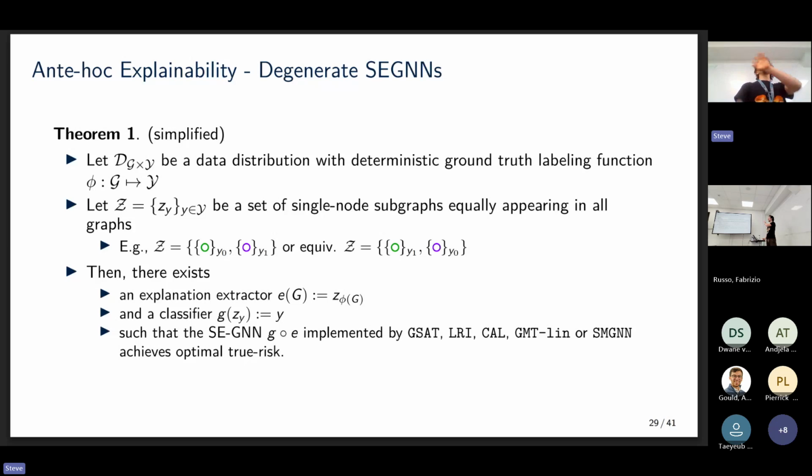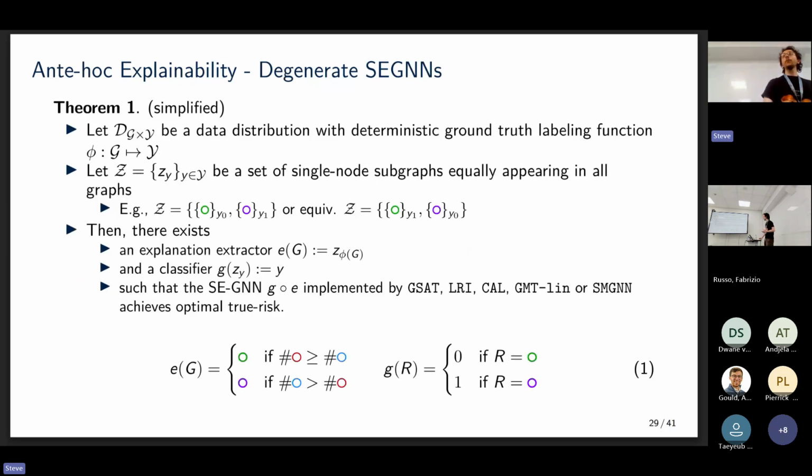The idea is that if you pick a certain data distribution with a deterministic ground truth labeling function, and there exists this big Z that is a set of single node subgraphs, for example the green and the violet node in the previous example, it is possible to find a pair of explanation extractor and classifier such that the resulting self-explainable GNN achieves optimal true risk while providing as an explanation the elements in this anchor set, like the green and the violet nodes.